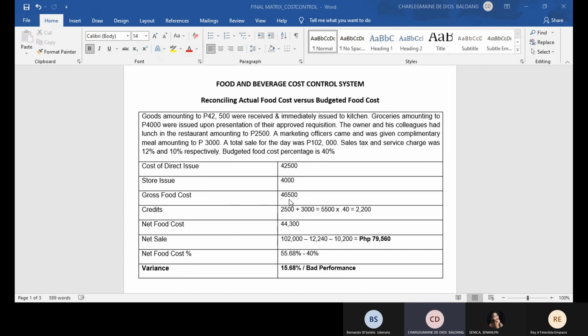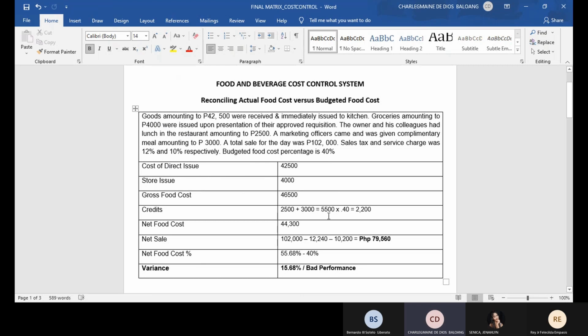The gross food cost is 46,500. The gross food cost came from the cost of direct issue and store issue. So we have 46,500, and for credits, 2,500 plus 3,000, which is the complimentary meal and the lunch that the owner had and his colleagues.